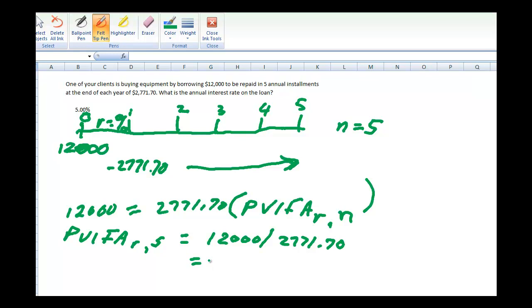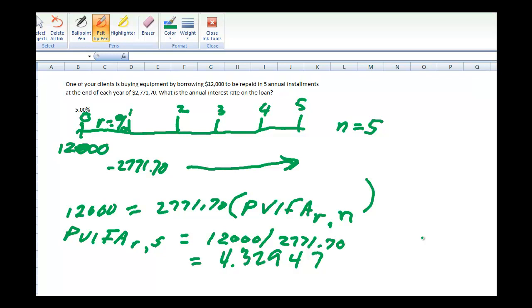And if you get out your calculator, let's do that. We have $12,000 divided by 2,771.70. That gives us 4.32947. You don't have to carry it out that far, but the further you do, the more accurate it is.